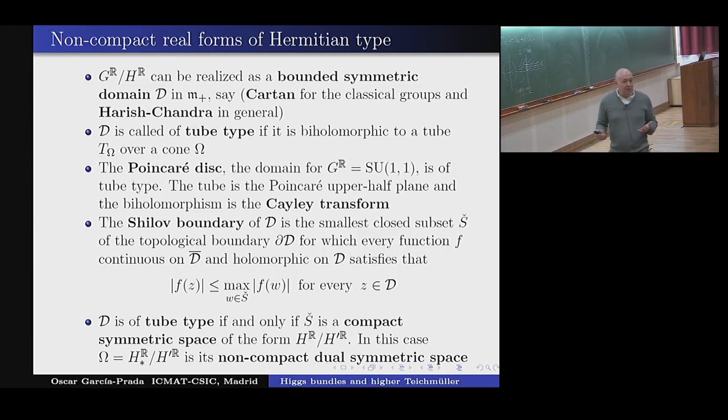So this is a compact symmetric space for the group HR, and there is always this non-compact group. Both of them are real forms of H, and this is the non-compact dual. So this is the cone, right?